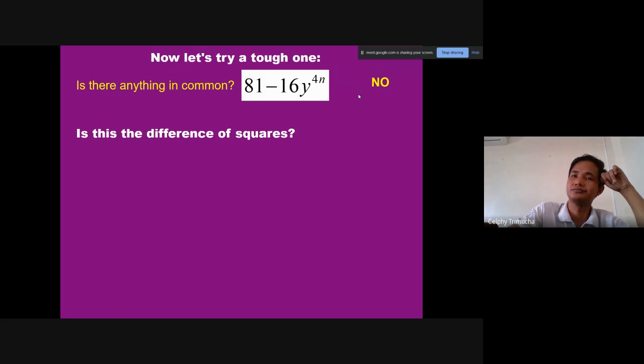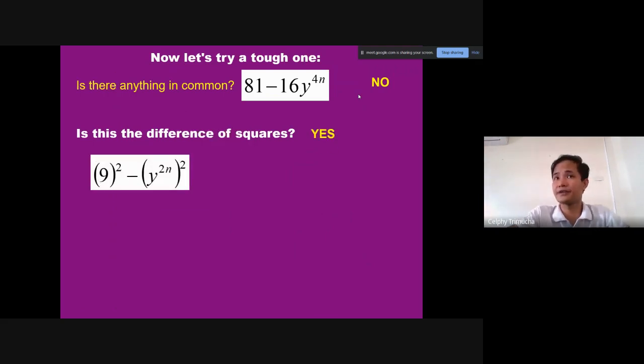So inspect nato ang aton nga first term kag second term. Perfect square ba ang 81? Perfect square ba ang 16 y raised to 4n? So 81 kabalo kita nga perfect square siya. How about 16? Ang 16 perfect square siya.